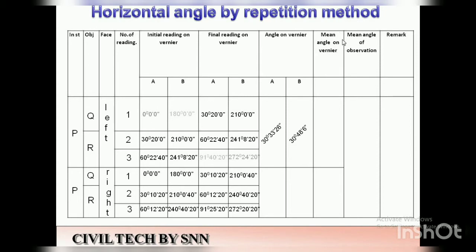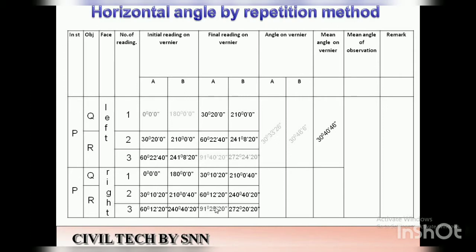Now the mean angle on vernier. So here two verniers, A and B. So the mean of these two readings, you will get the mean angle on vernier, which is 30 degree 40 minute 46 second. Now the same calculation for face right.